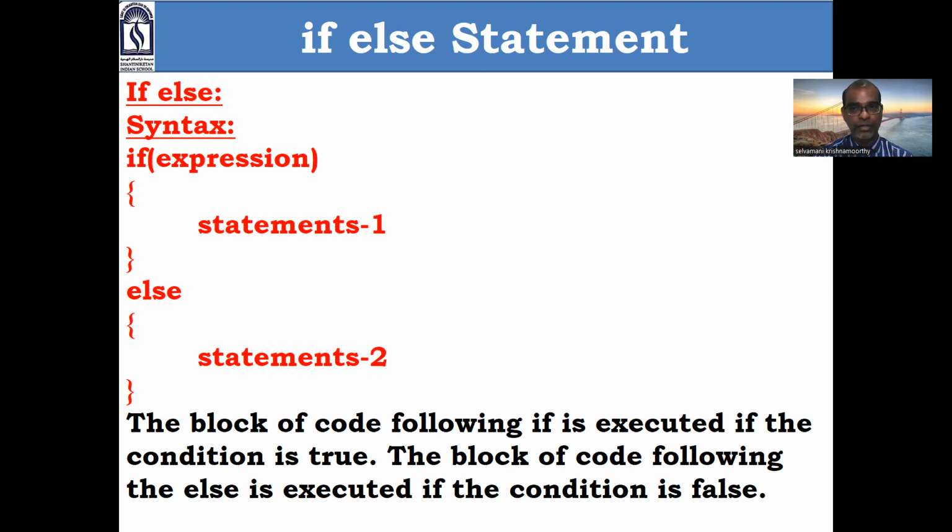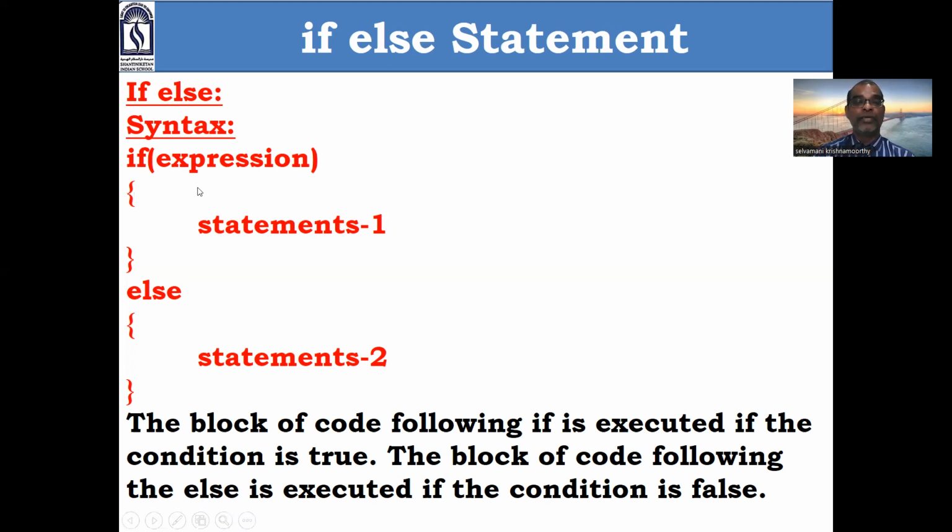If the condition is false, again one set will be skipped, another set will be executed. Which statement should execute when? That is the question. If the expression gives true, the statement following if, that is statement 1, will execute. The statement following else, that is statement 2, will be skipped.